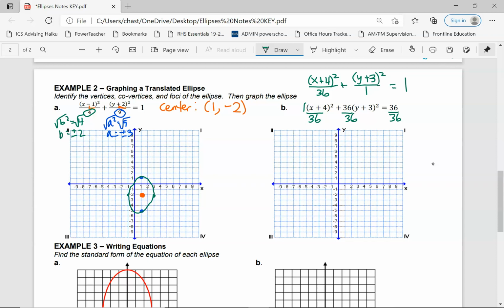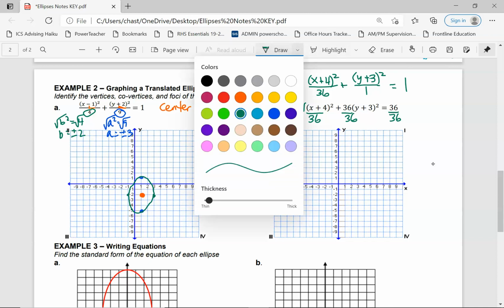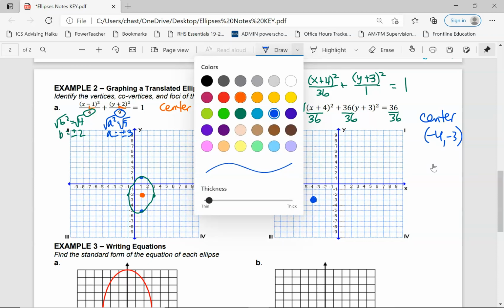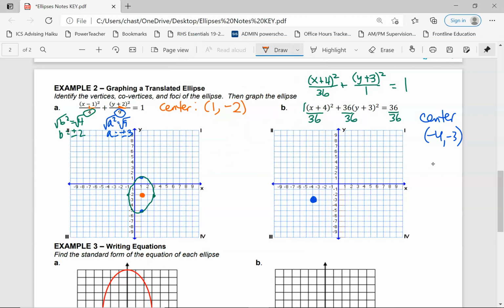So now I use this form, and when I look at that, my center is going to be at -4, -3. So I'm going to plot -4, -3. Hopefully you get the patterns here by now. So my x variable has the bigger number.